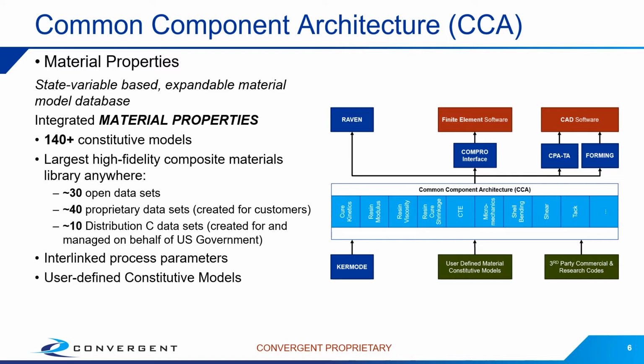And we have the largest high fidelity composites materials library anywhere. There's over 30 open data sets, 40 proprietary data sets created for customers, and they have available to them, and more even proprietary data sets, and then 10 distribution C data sets which are created for and managed on behalf of these government for their contractors.